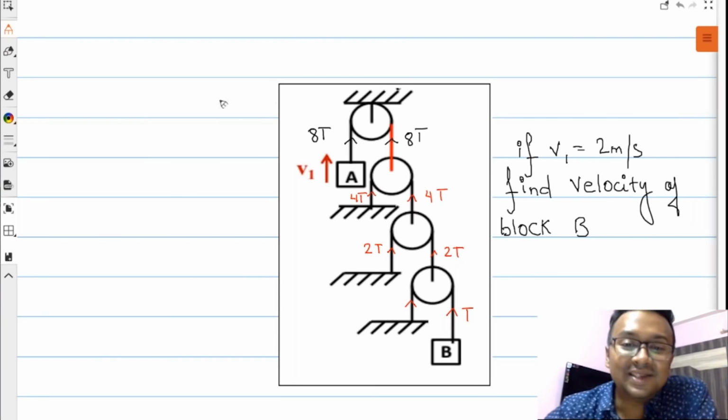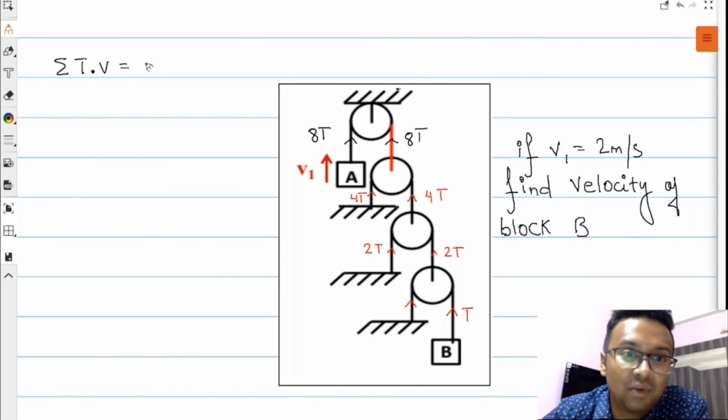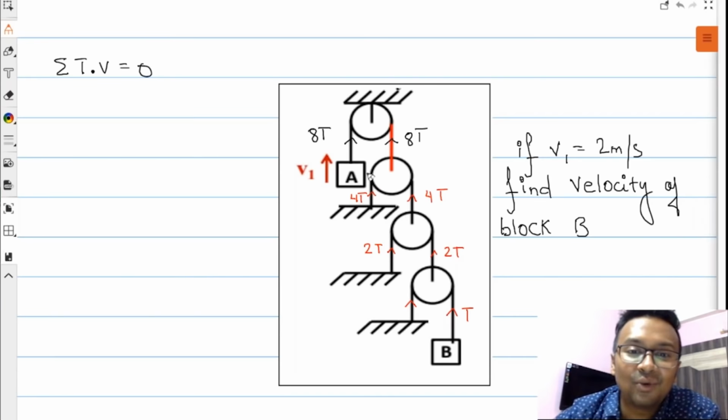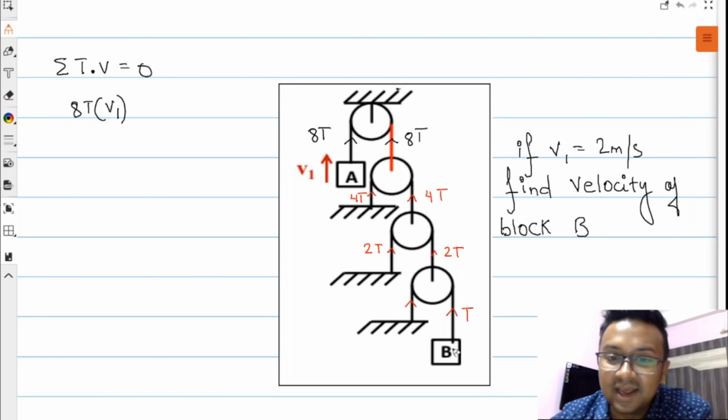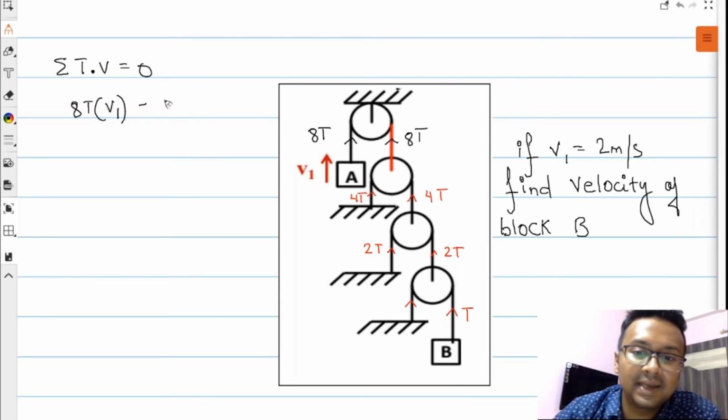Okay. The simple thing that you do out here is 8T, and it is in the upward direction velocity. We apply summation of T dot V is equal to 0, my dear friends. Okay, so for this block out here, we say it is 8T into V1. All right, assume this is going down, tension minus T into VB.